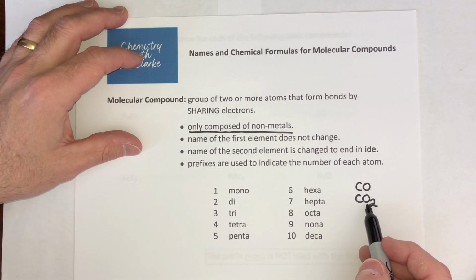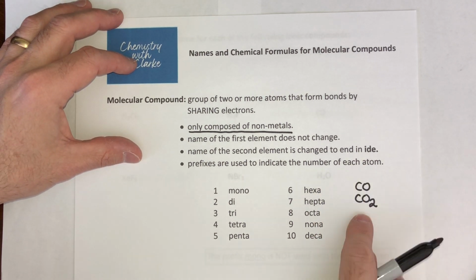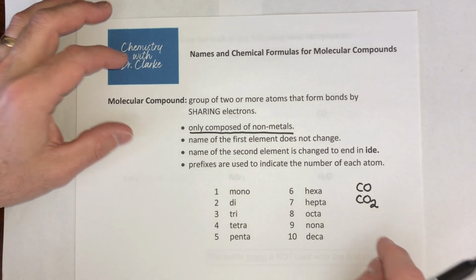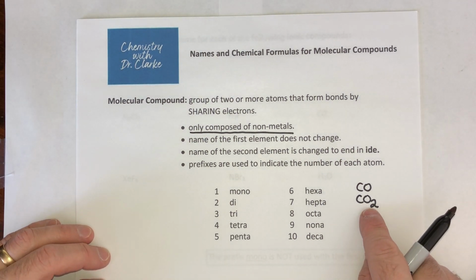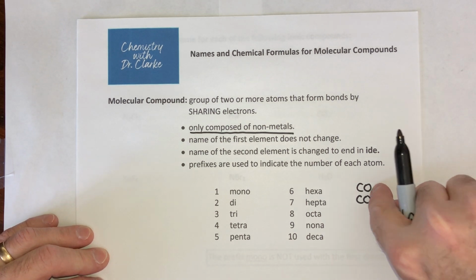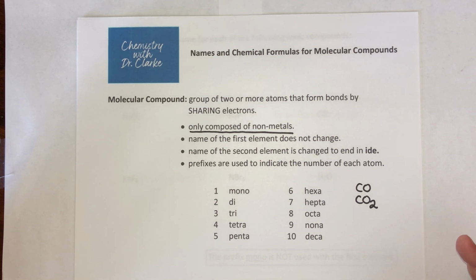What makes them different is the number. And for molecules, there's no way to predict the number of each atom unless you're told. If I wanted you to know that there's two oxygens, I have to tell you that there's two. If I wanted to tell you that there was only one oxygen, then I've got to tell you that there's only one.